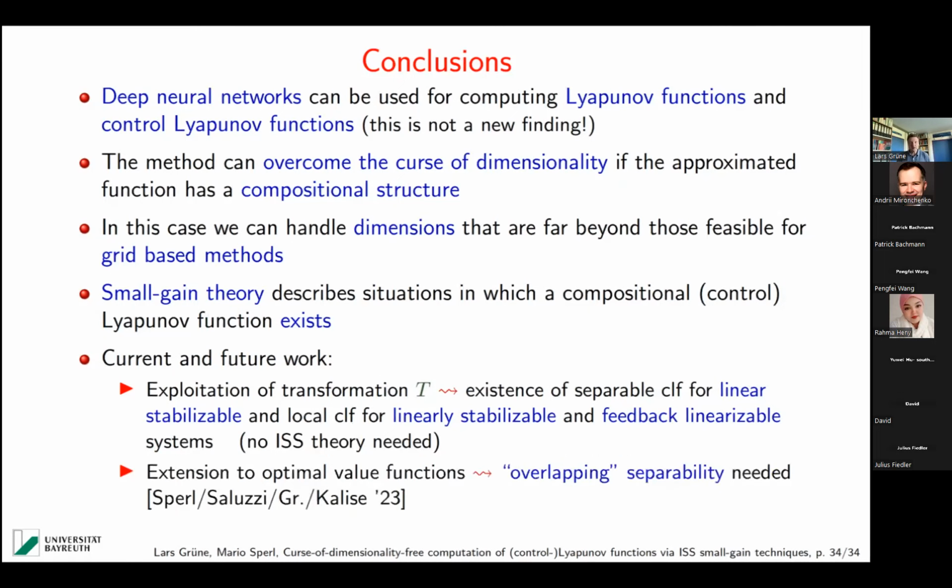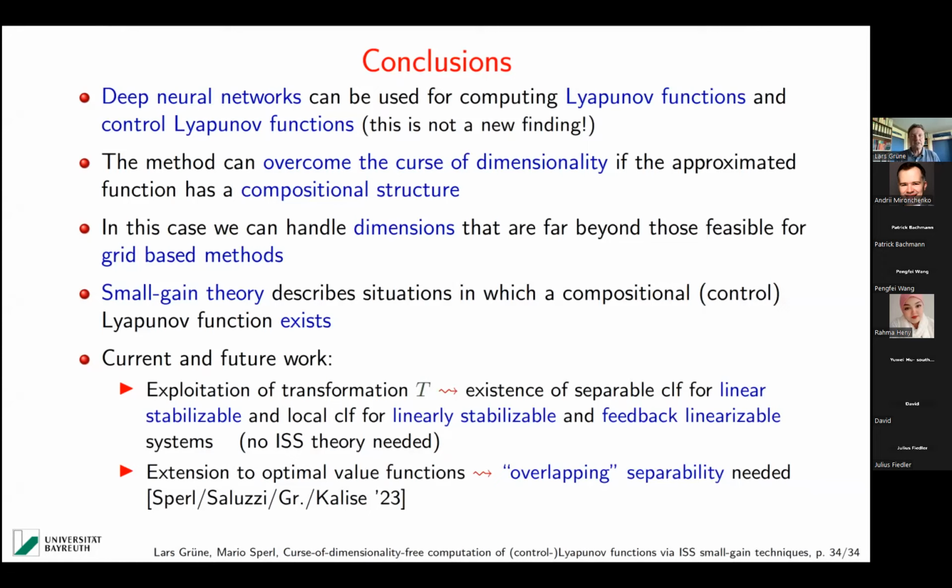What we are doing also, and we have a first paper submitted to CDC, is an extension to optimal value functions, so really to solutions of Hamilton-Jacobi-Bellman equations, or in discrete time Bellman equations. And our first idea was to simply take what we have and use the theory that we have developed for control Lyapunov functions for so-called super solutions of the corresponding equations.